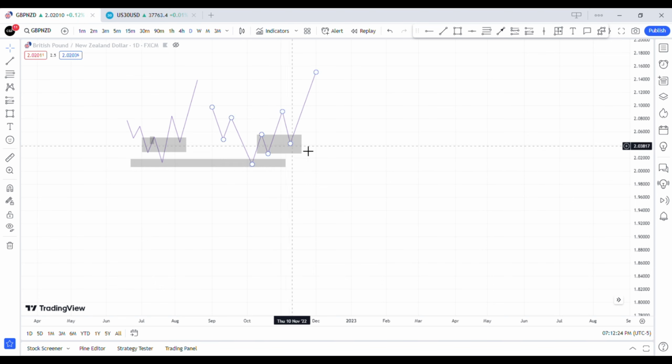So what you can do is basically wait. You can also use the market structure shift to confirm your entry. If it gets to one of these points, either the breaker block here or the mitigation block or the order block or the fair value gap in here, all you have to do is wait for a market structure shift. So you go on a lower time frame. Let's say this here is the 1 hour chart.